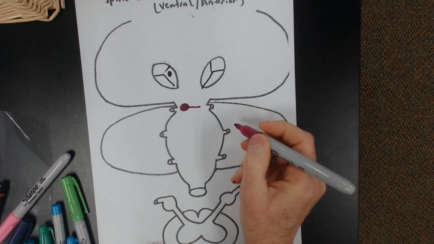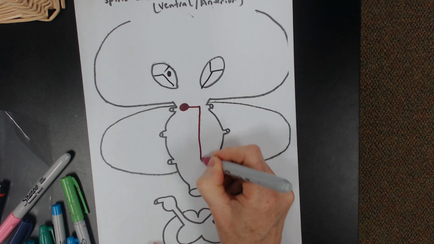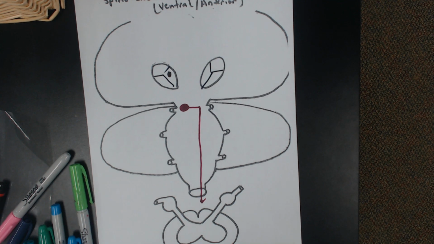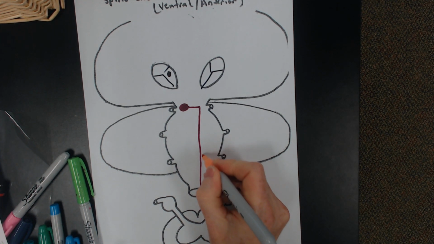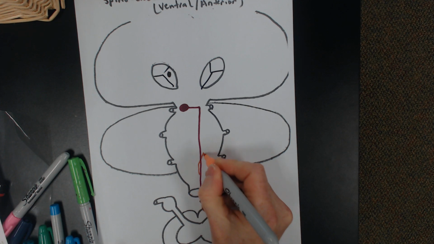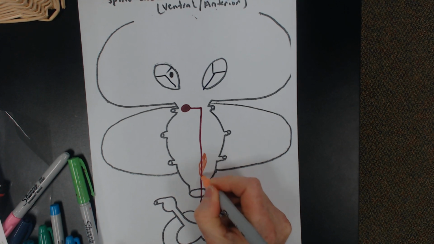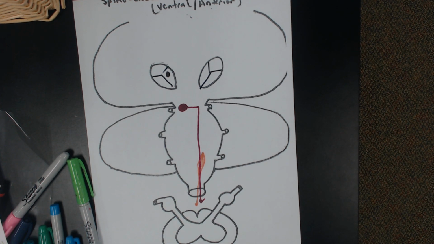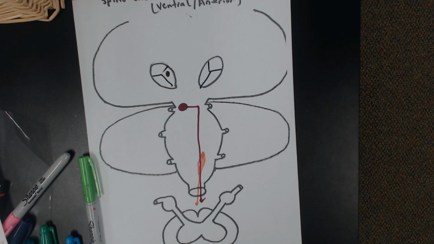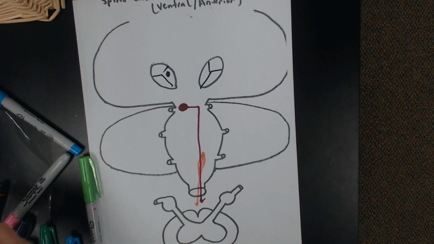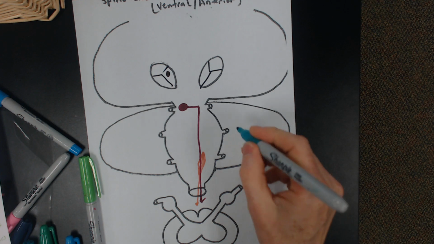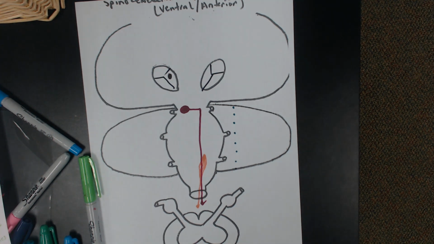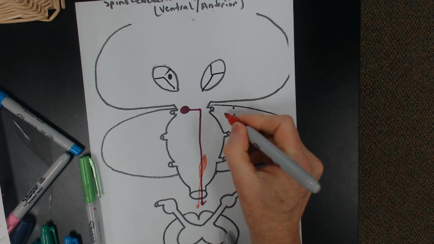It sends out an axon, decussates in the midbrain, and travels all the way down. You're going to have your reticular formation here. It sends out an axon, goes all the way down. So here's your vermal region, and its deep cerebellar nucleus is going to be your vestigial nucleus.